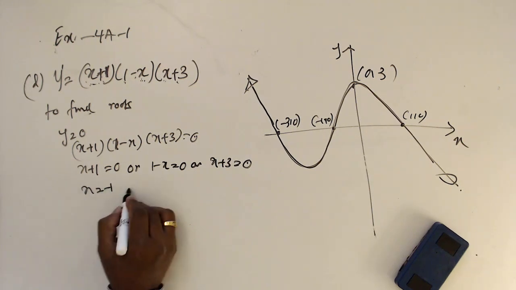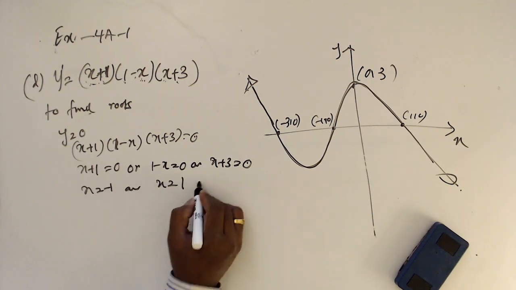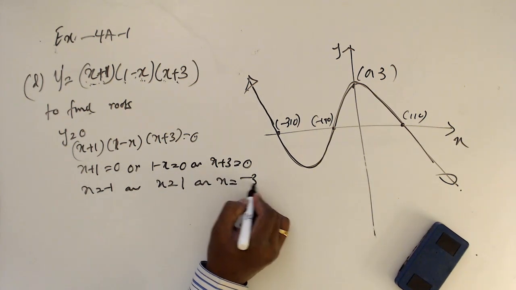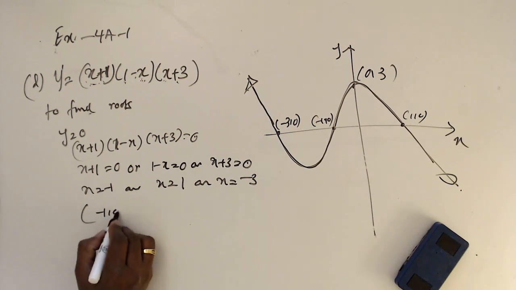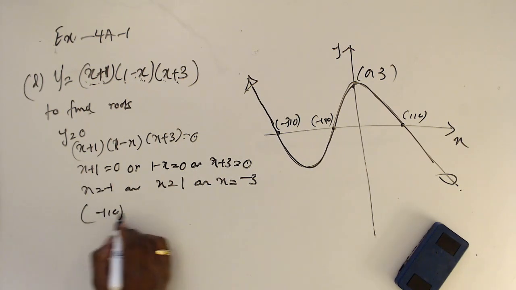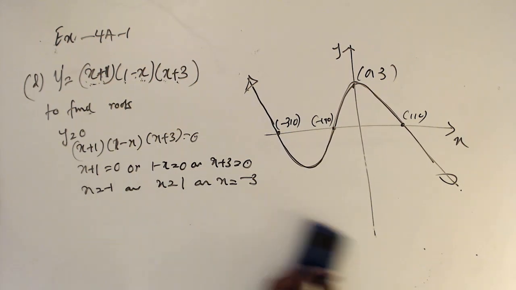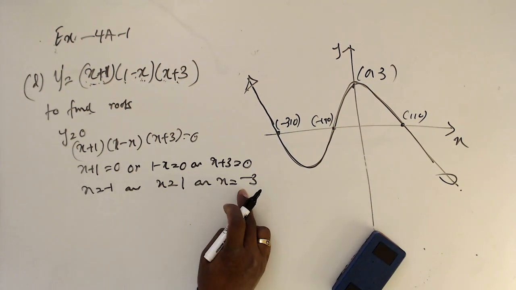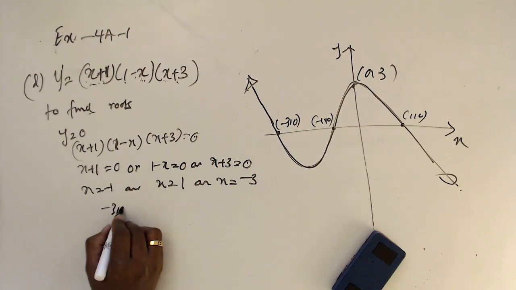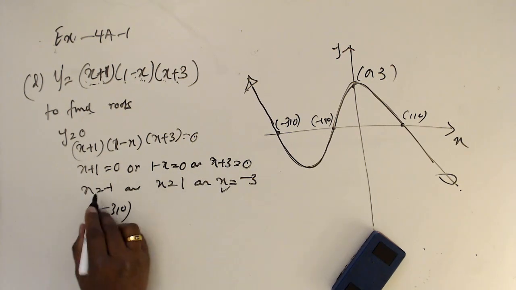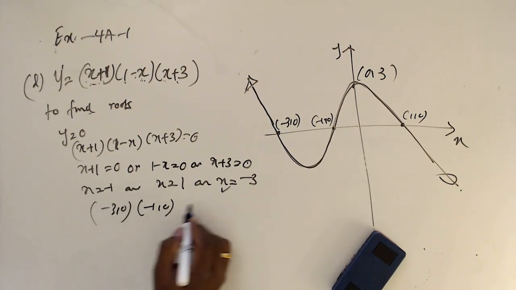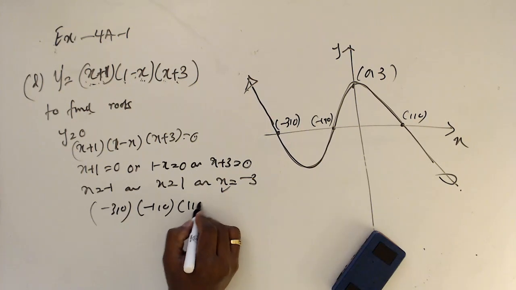So x equals minus 1, x equals 1, or x equals minus 3. So minus 1, 0 is one coordinate. Okay, which one is the smallest? This one, minus 3, 0. Then this one, minus 1, 0, and another one, 1, 0.